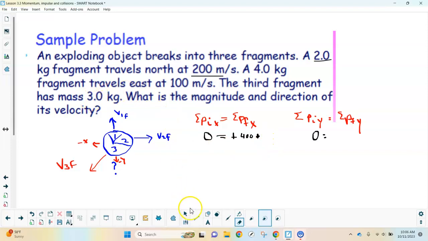So 3 is 3 kilograms, so it'd be 3 times VX final for 3, the final velocity of piece 3.